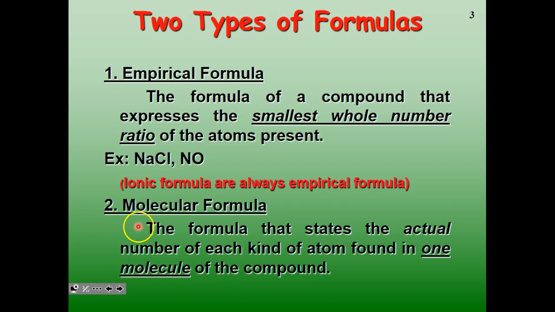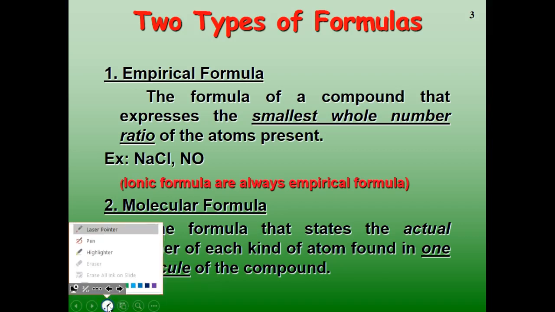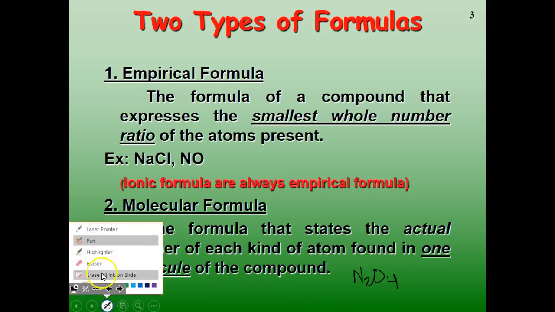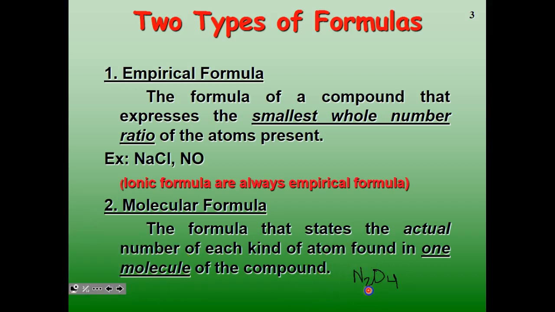A molecular formula is a formula of a compound that states the actual number of each type of atom in that compound, as opposed to it being reduced to the smallest whole number ratio. So for example, N2O4, dinitrogen tetraoxide. This would be a molecular formula because the ratio of nitrogen to oxygen is 2-to-4, which could be reduced, so it's not the smallest whole number ratio, okay?